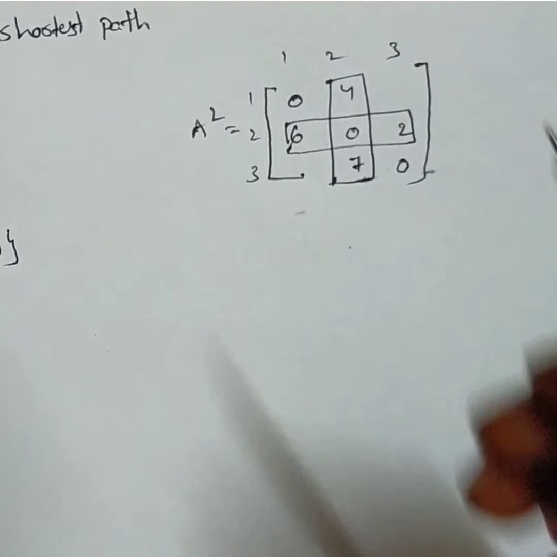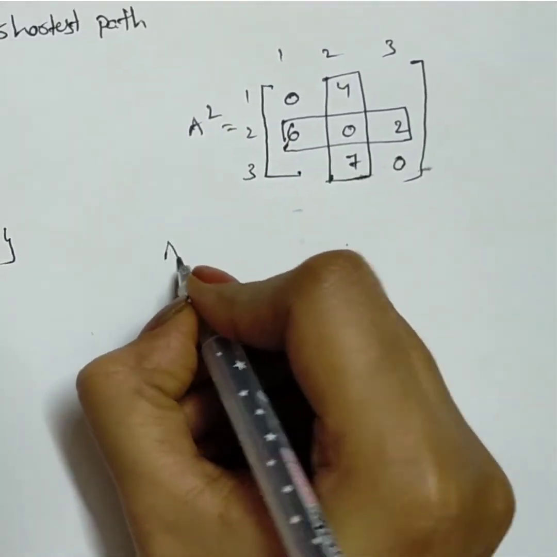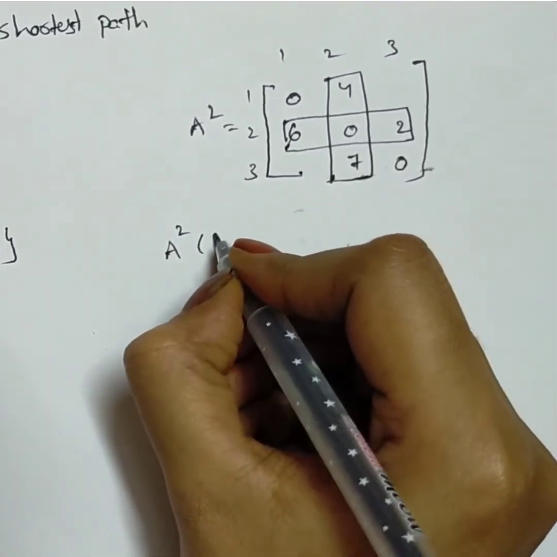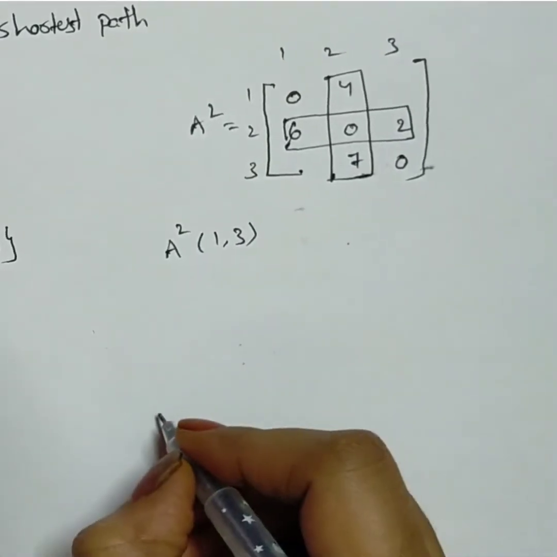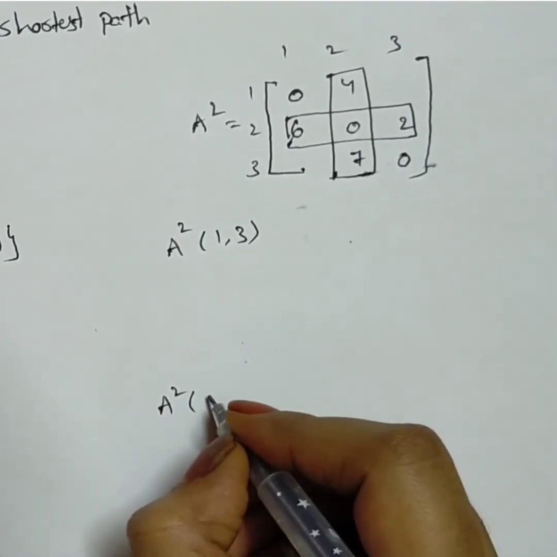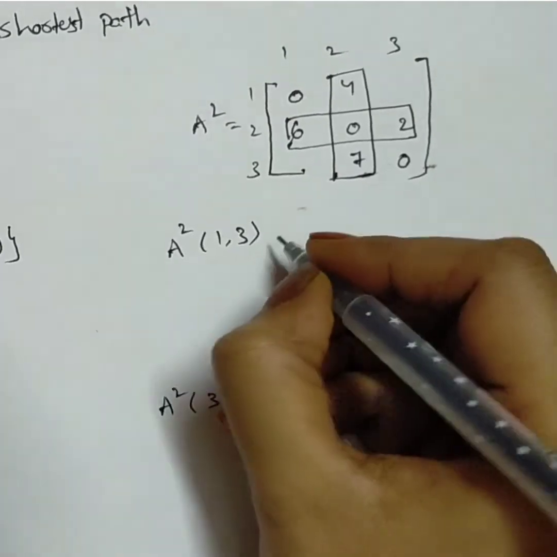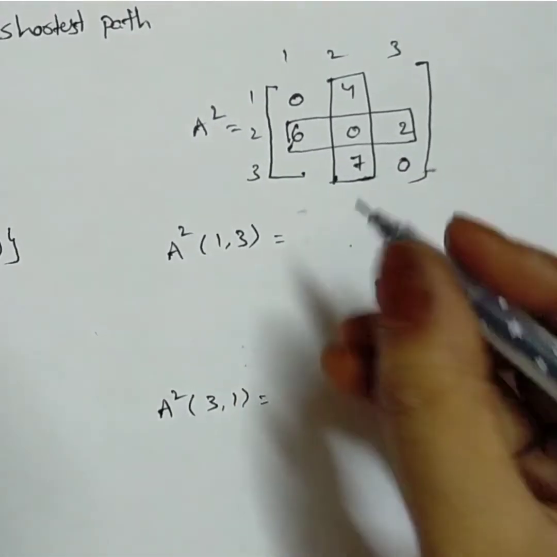Okay, see, you need to find out a2 of (1, 3) value and a2 of (3, 1) value. Okay, by using the same formula.